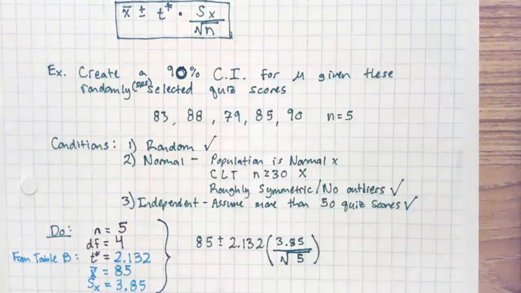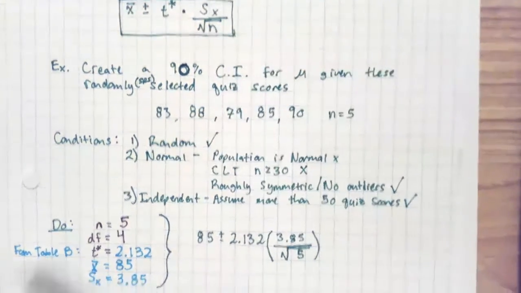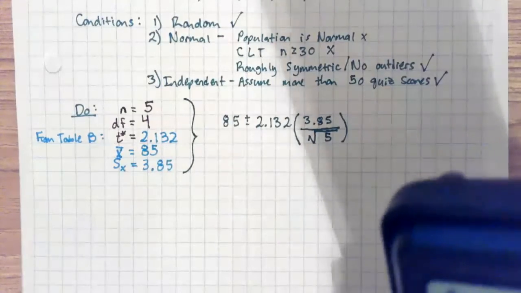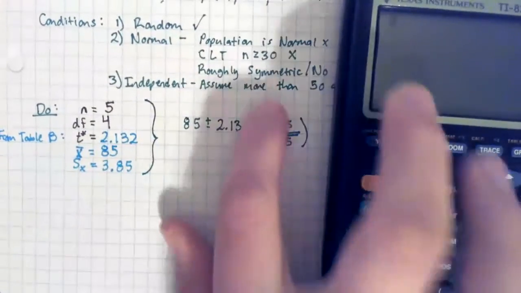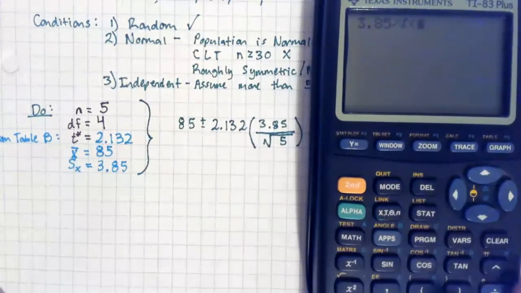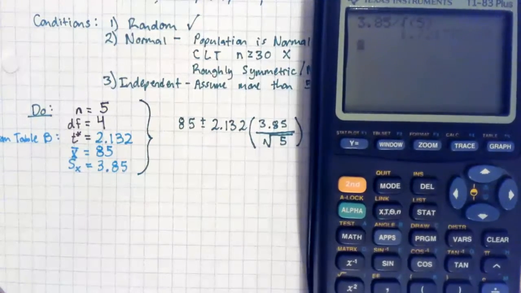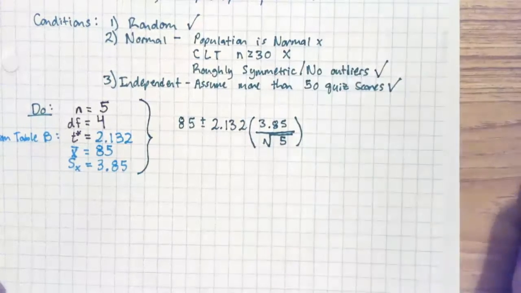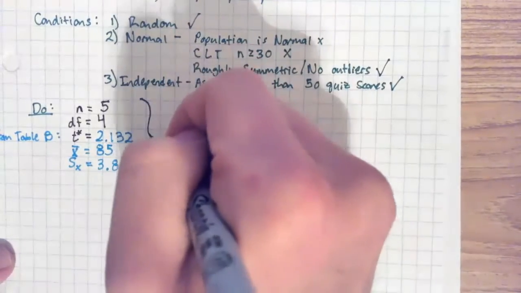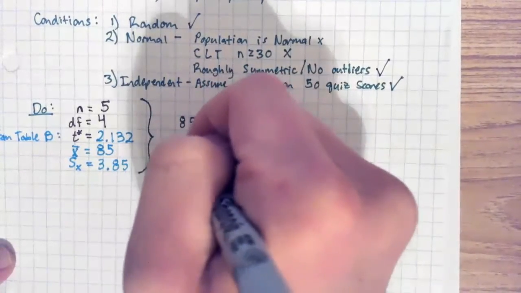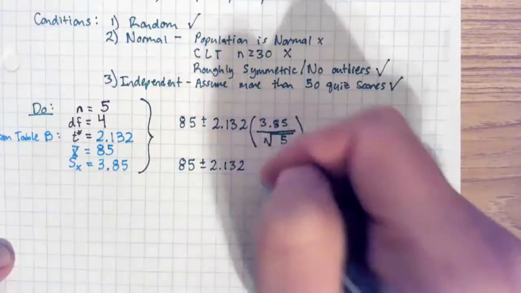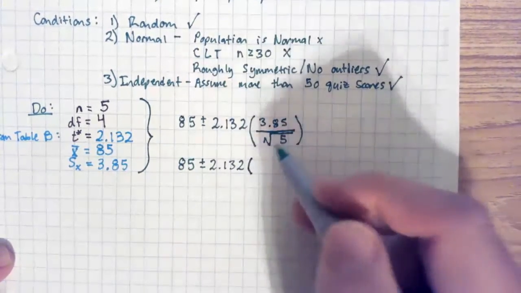Okay, so we plugged everything in. Now it just becomes a little bit of arithmetic and work on simplifying this problem by way of calculating devices. So we'll deal with this first, 3.85 divided by the square root of 5. And that becomes 1.72. Let me rewrite this expression here. 85 plus or minus 2.132 times, again, we just did this part.